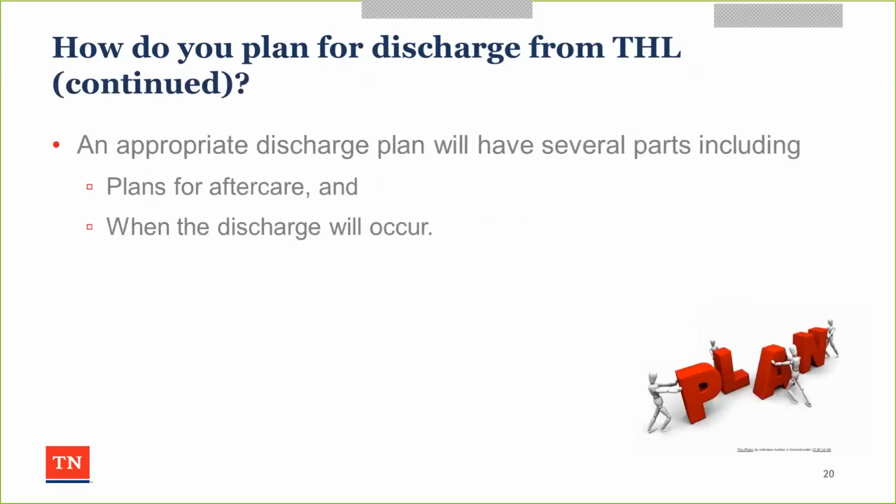So the next thing that we're going to be looking at is, what are some of the parts that would be included in that? One thing we're looking at is plans for aftercare, a time frame. All of that is part of the treatment plan, part of the discharge plan.